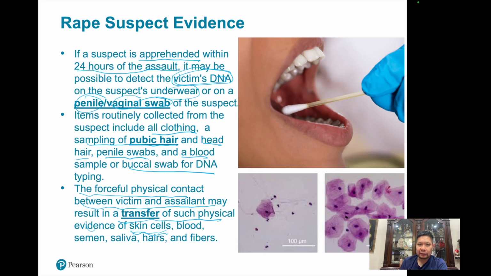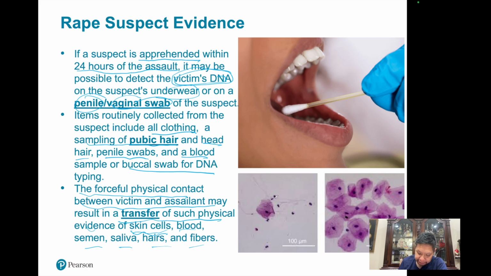Maybe the victim scratched the suspect, and so not only did the victim have the suspect's DNA epithelial cells under their fingernail, but the victim left behind their own DNA on the suspect in the scratching process. Of course, blood, semen, saliva, hairs, and all those things can be on the suspect that we need to collect.